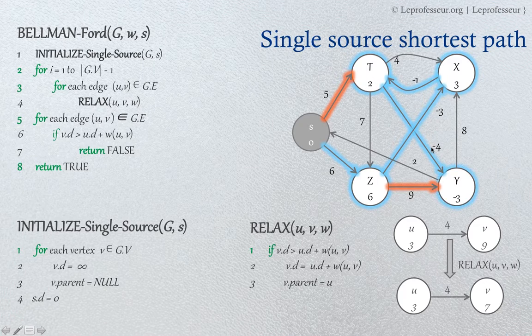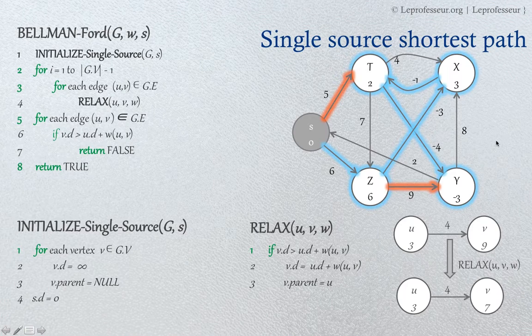In the same way we can apply the relaxation procedure on node y. So in this example, the Bellman-Ford algorithm will return true, and it finds the shortest path from the source vertex to each other vertex, given by these blue glow lines.